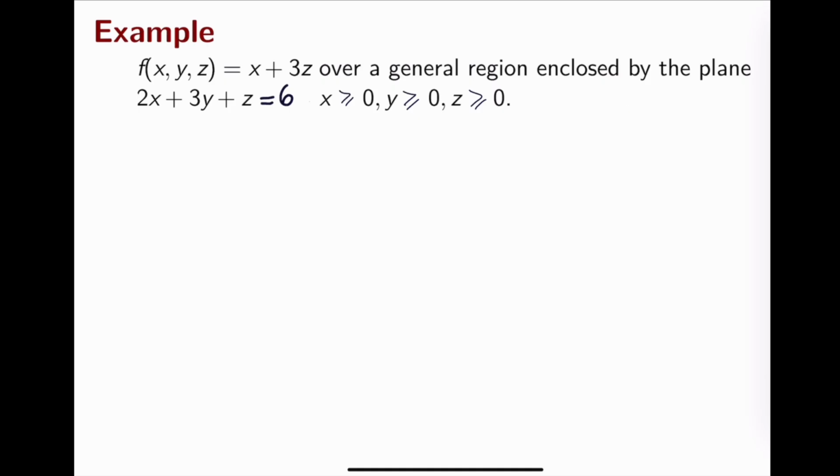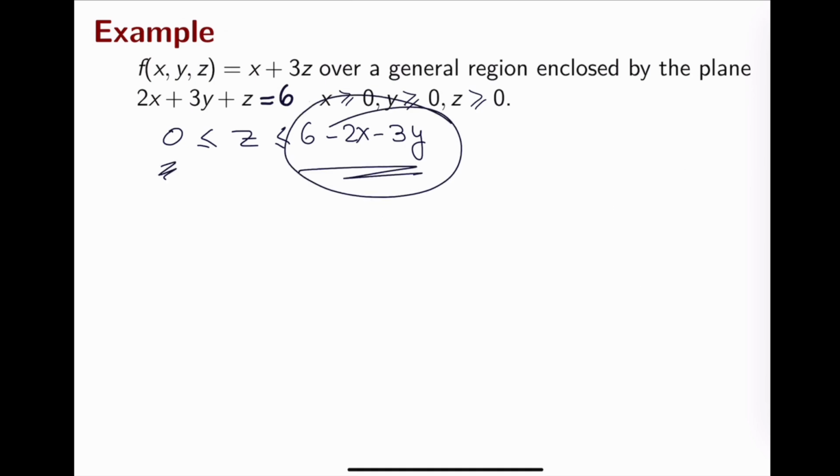So then we can say right away that z is going to vary between 0 and, solving for z here, 6 minus 2x minus 3y. So then we have the variation of z between two functions, where this function depends on the two other variables, x and y. That means that z is going to be our most inner variable.